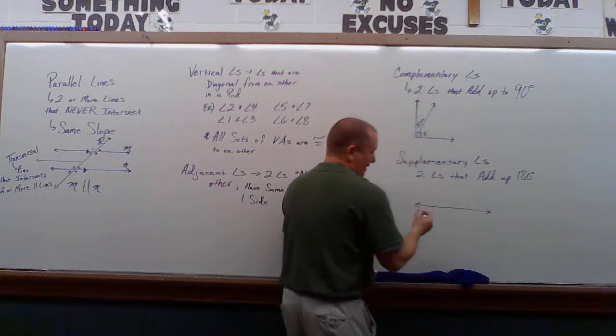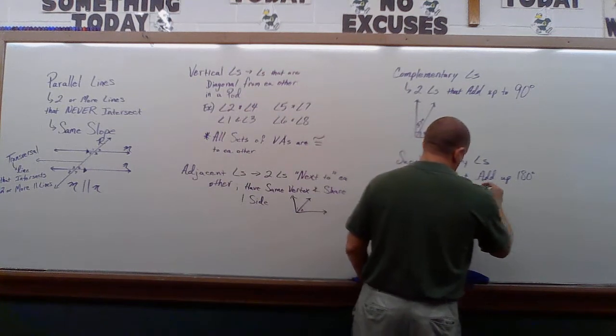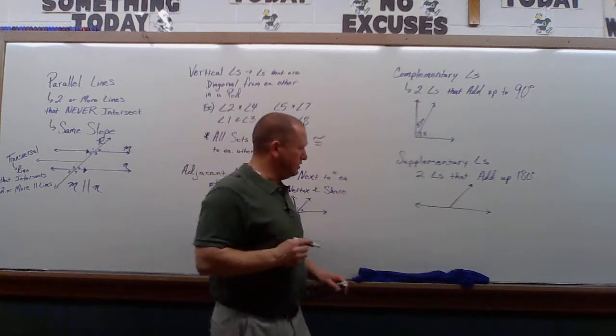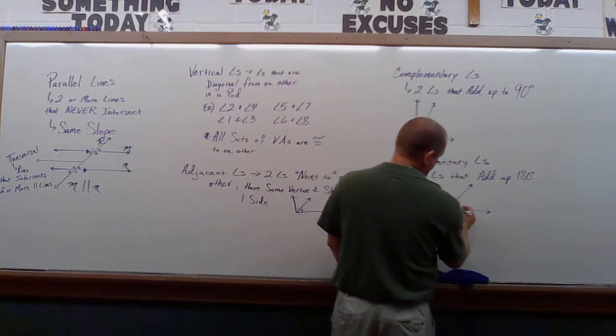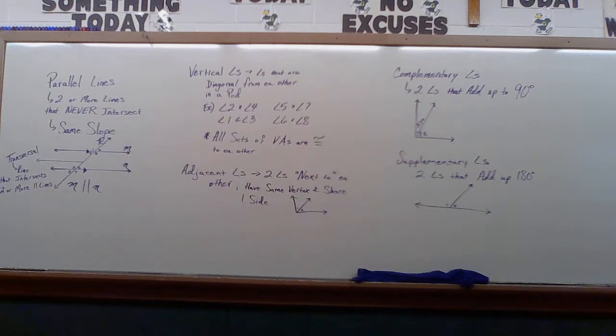So we have a line right here, and then we're going to put some ray going out of there. So we'd say this is angle 1 and this is angle 2. So realistically, if I have two angles that make up 180 degrees, one angle should be what kind and one angle should be the other.